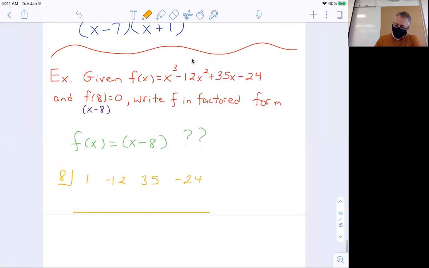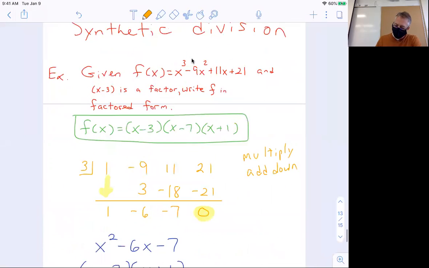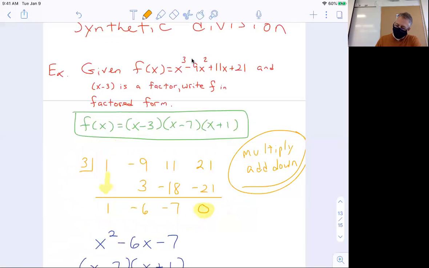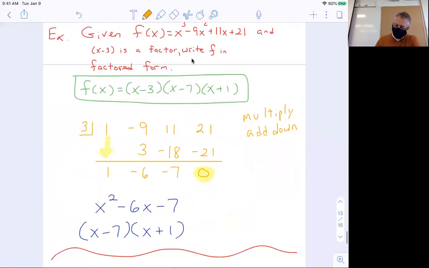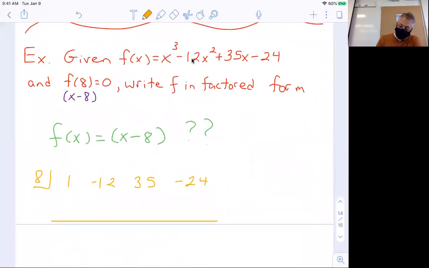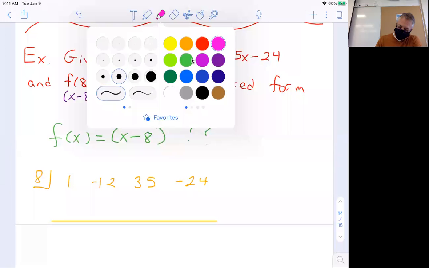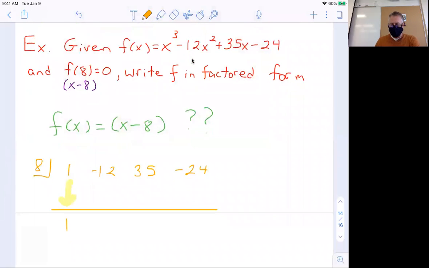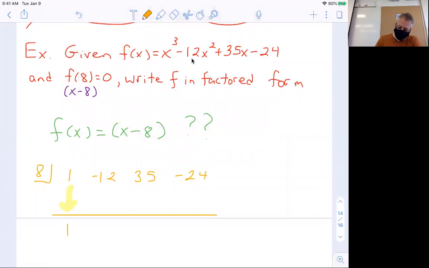So remember, we multiply the numbers and then add down. I'm going to bring the first number down. Don't forget to do that. Bring the first number down, then multiply 8 times 1, which is 8. And then I'm going to add down.